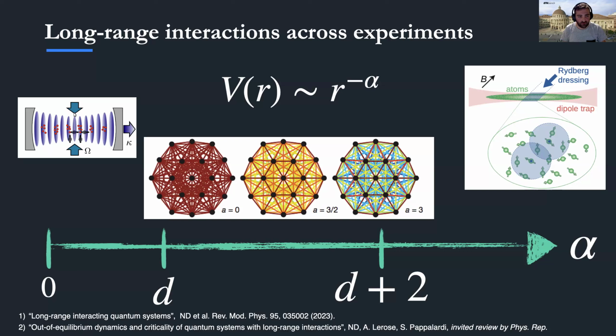Depending on the intensity of the pump of the laser and its frequency, one can reach a situation in which there is a finite light intensity in the cavity, and so the atoms feel a long-range interaction which is flat because it's mediated by the cavity photons, which are basically a wave function in the cavity that does not decay.